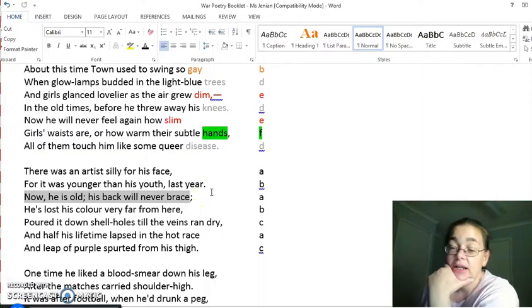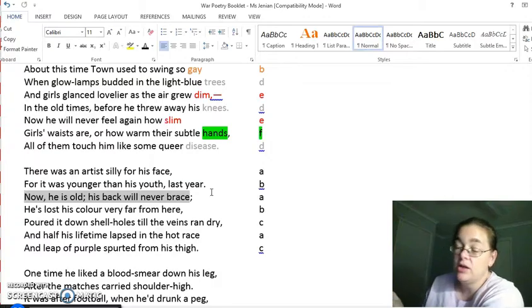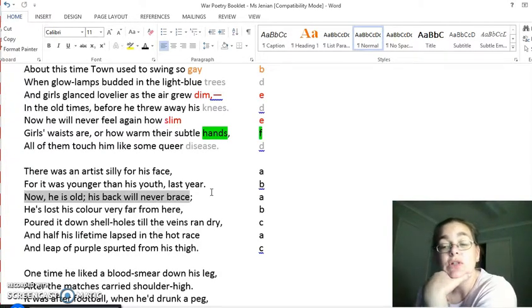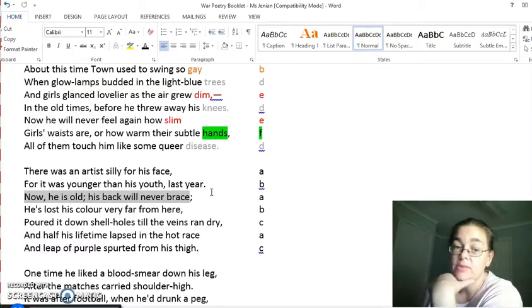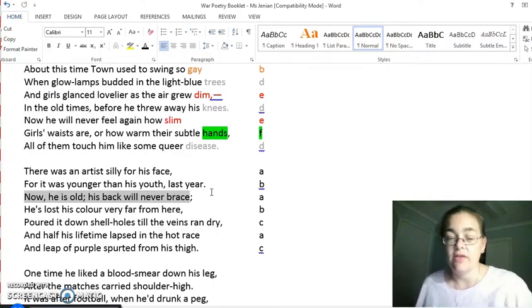So the chances are he's not very much older than the fake 19 that he put on his papers when he signed up. So the chances are he could even still not be 19. But he's considered old because he is broken. His back will never brace, so he will never be able to lift a heavy weight.